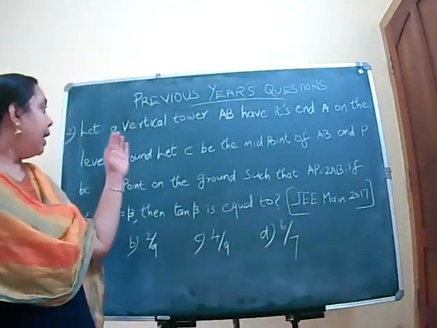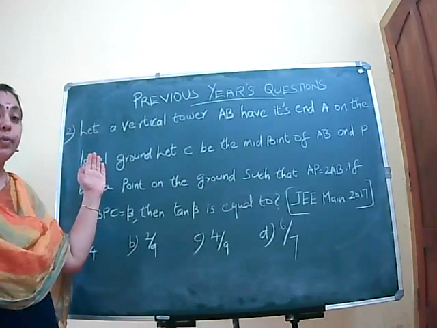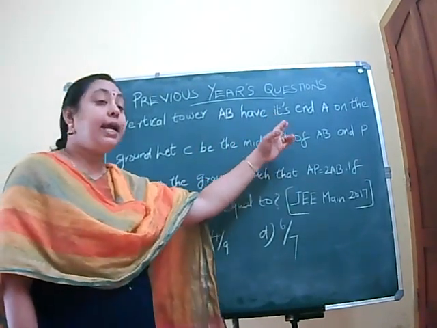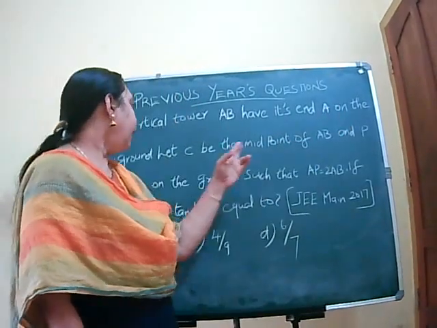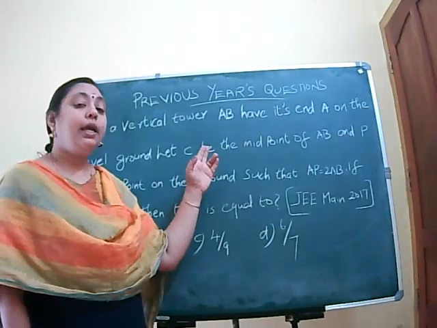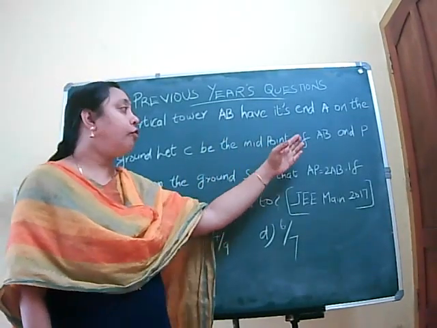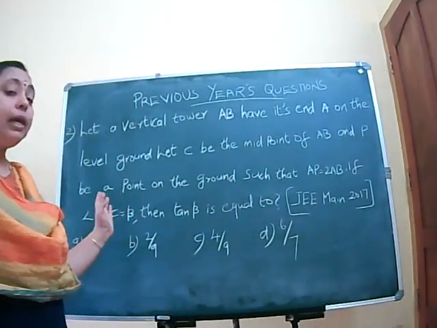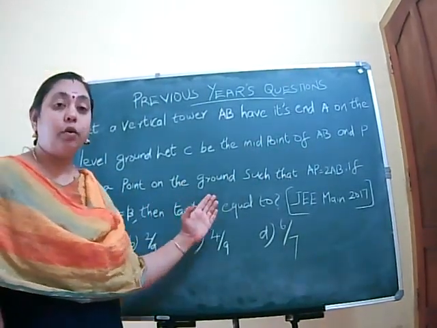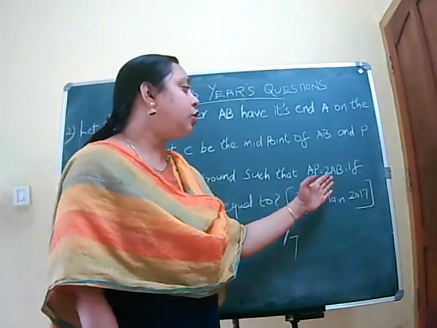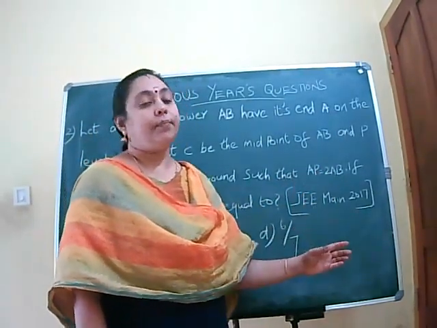Question: let a vertical AB have its end A on the level ground. Let C be the midpoint of AB and P be a point on the ground such that AP is equal to 2AB.